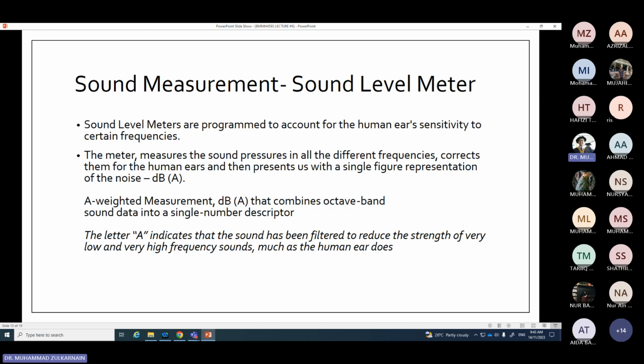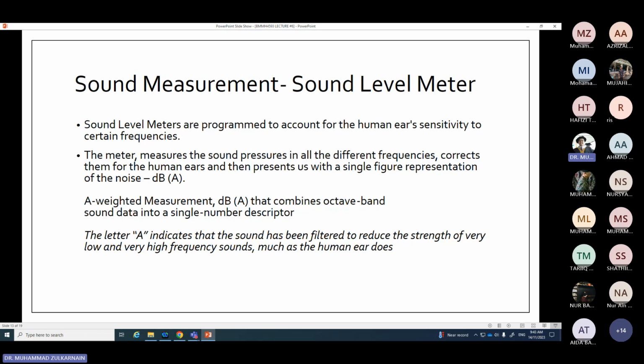So we call it the floor noise, mentioned in the beginning slide, already explained. And a weighting measurement, decibel level A, combines octave band sound data into a single number descriptor. So we need to collect data with a single number of frequency and pressure level.